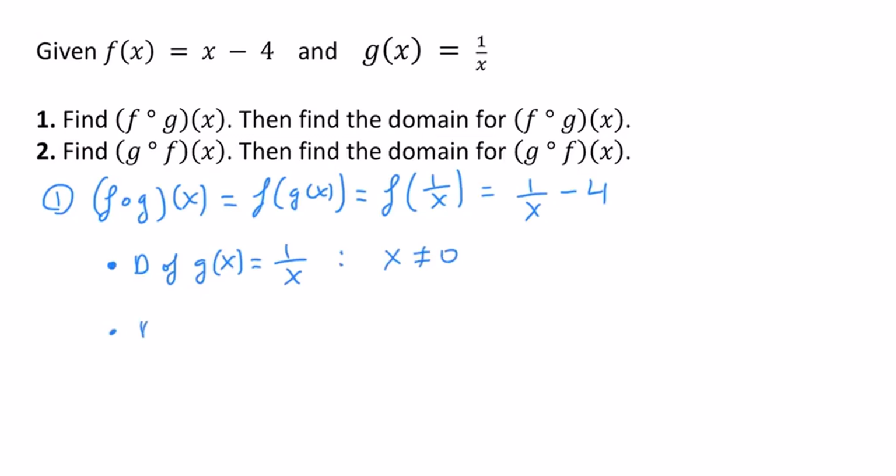The second step is we want the domain of f of g of x, which is what we found, 1 over x minus 4. So here we have fraction. So again, the denominator cannot equal to 0.